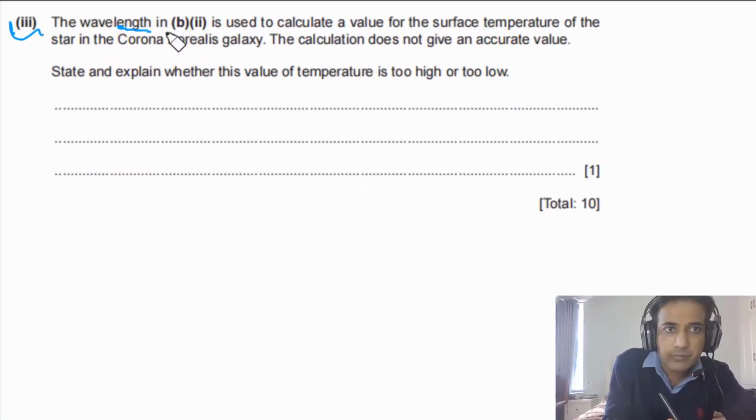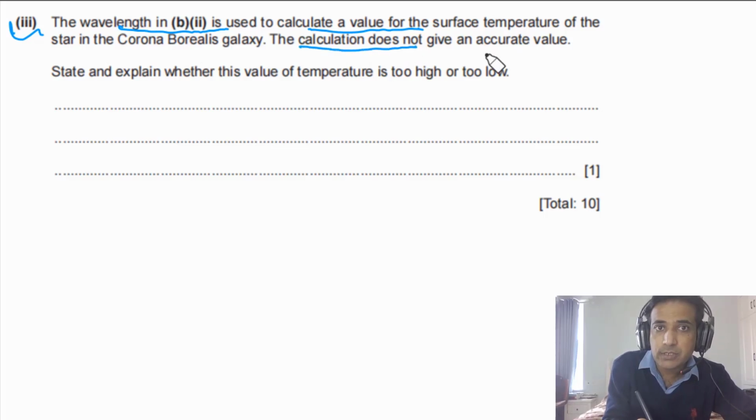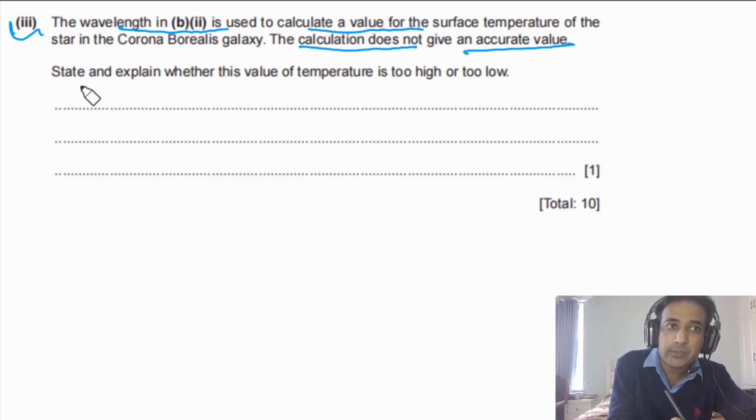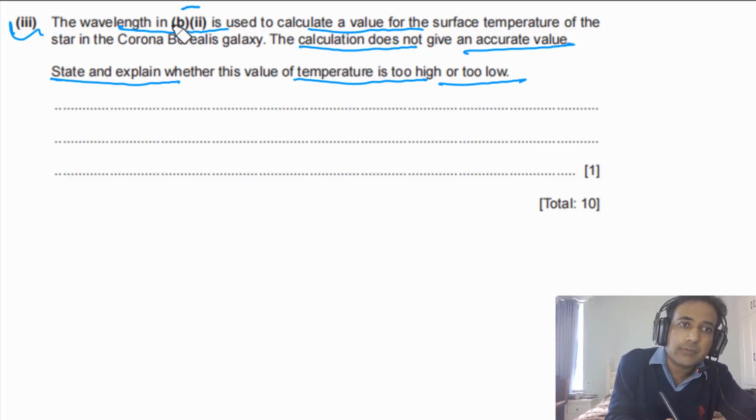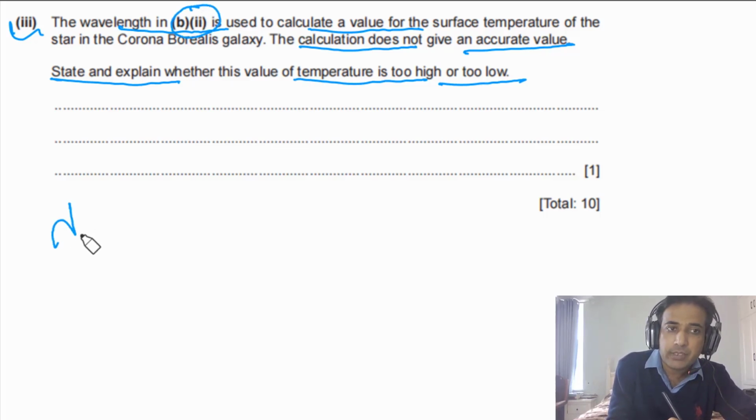Third part says the wavelength in B2 is used to calculate a value for the surface temperature of the star in the Corona Borealis galaxy. The calculation does not give an accurate value. State and explain whether this value of temperature is too high or too low. First of all, we need to understand the value of lambda we have calculated in the last part.